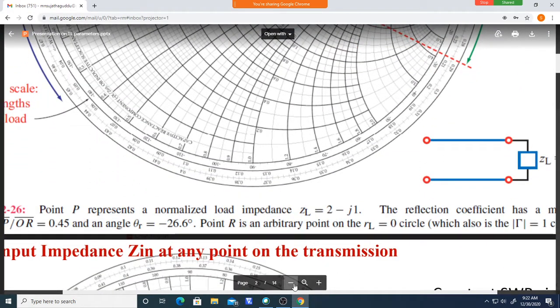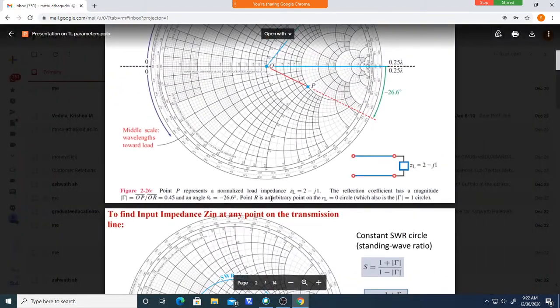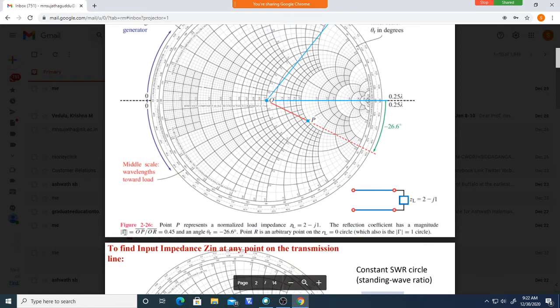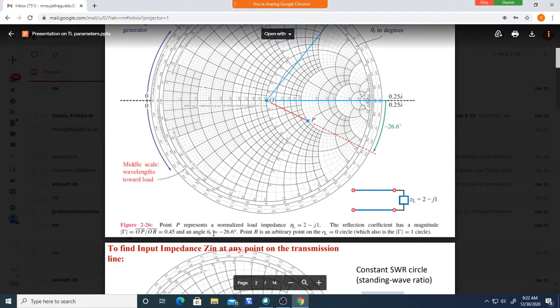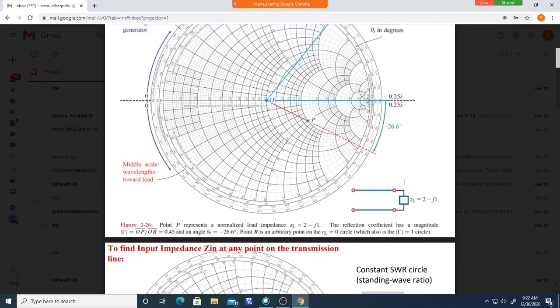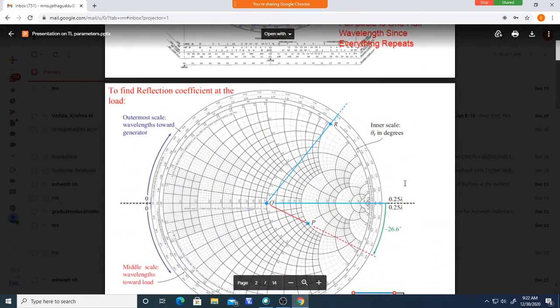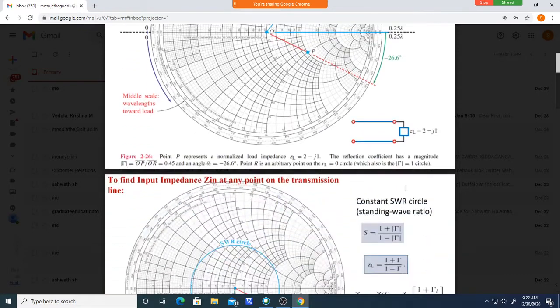So like that, you can measure the magnitude and angle of the reflection coefficient, tau. Using this procedure, for any load, you can find the reflection coefficient.